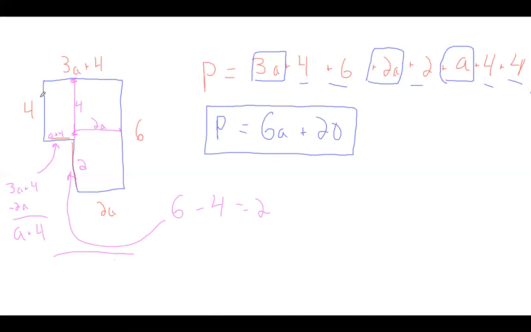Then they asked me for part B, what is the area? So for part B, we have to find the area of this shape. And in order to do that, we have to break it into 2 separate shapes and then add them together.